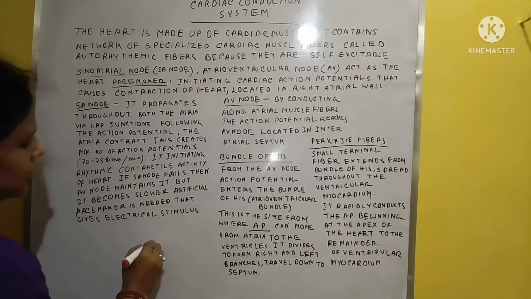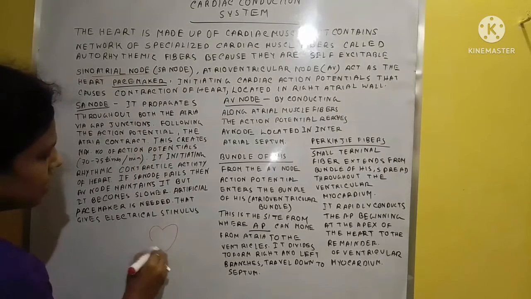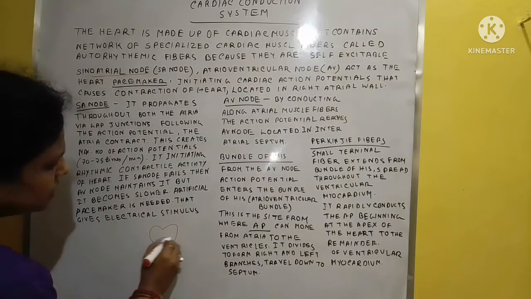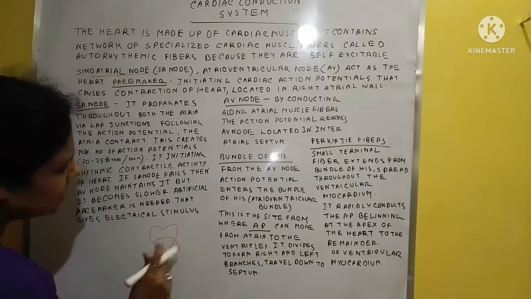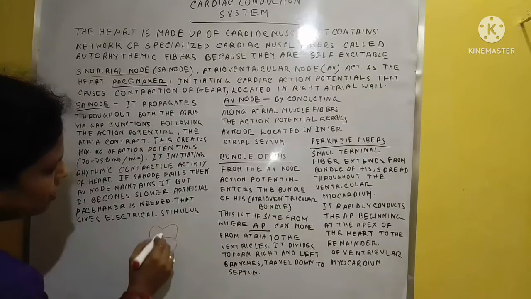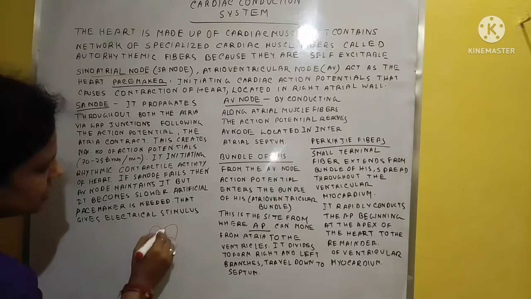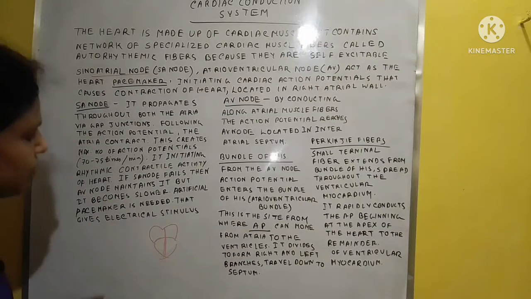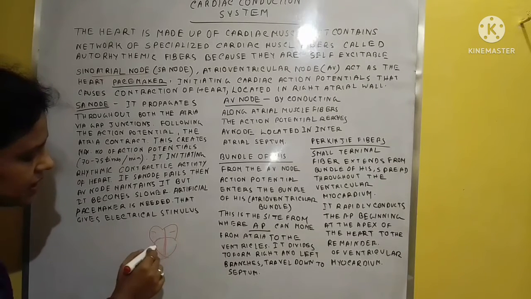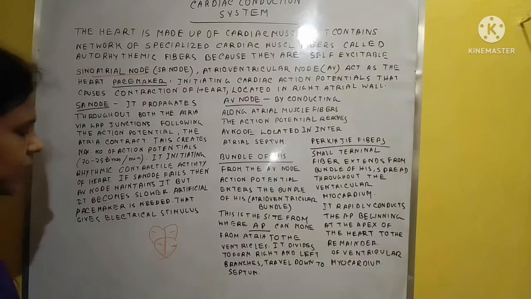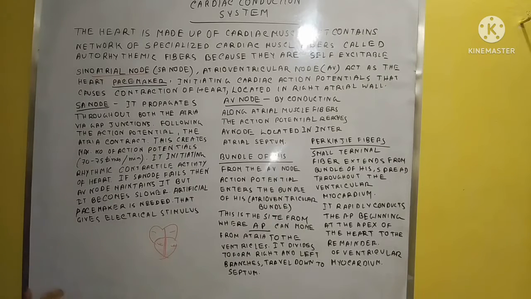Suppose this is the heart. It is a rough structure for explaining how this is possible. Suppose this is the auricle, and these are the ventricles, one right and another left.